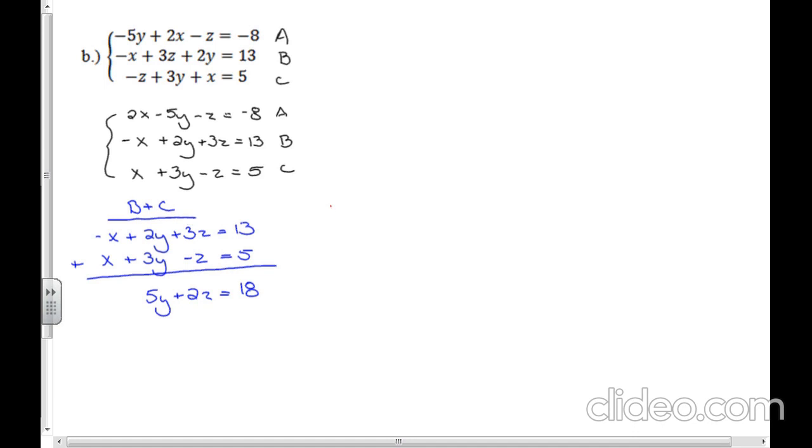I'm going to take A as it is, and I'm going to double B. So if I leave A, that's 2x minus 5y minus z equals negative 8. I'm going to double B, so that's negative 2x plus 4y plus 6z equals 26.